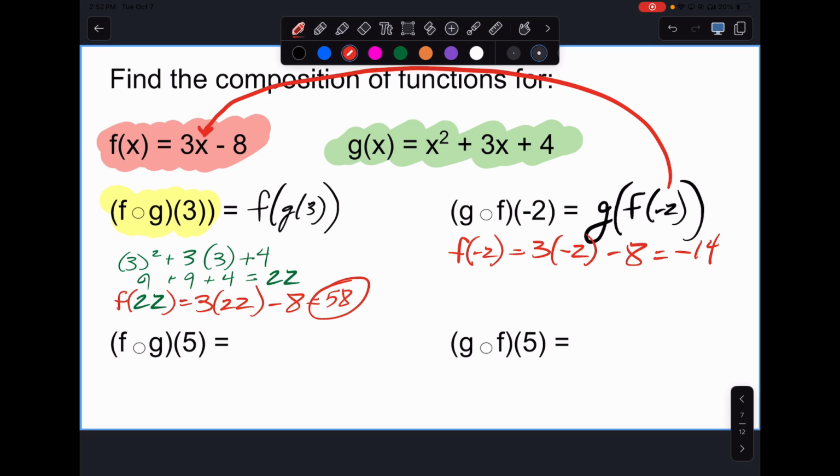So now I know that the function of f when x is -2 is -14. So now for f of -2, I'm going to substitute -14 in. So now g of -14 equals -14 squared. That's why it's important to put it in parentheses. Plus 3 times -14 plus 4.